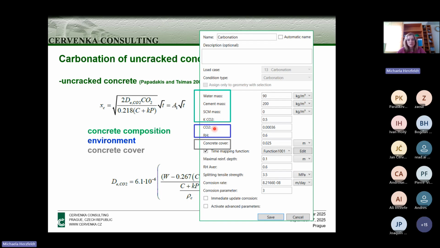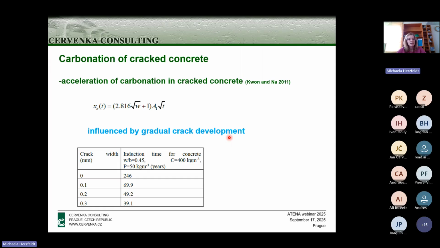Then there are environmental conditions, which is the concentration of carbon dioxide in the atmosphere. Default is 360 ppm, but nowadays it might be a little bit more, like 400, 420, something like that. Then there is the relative humidity of the environment, and also you need to specify the concrete cover. The rest is for corrosion. We'll get to that a little bit later.